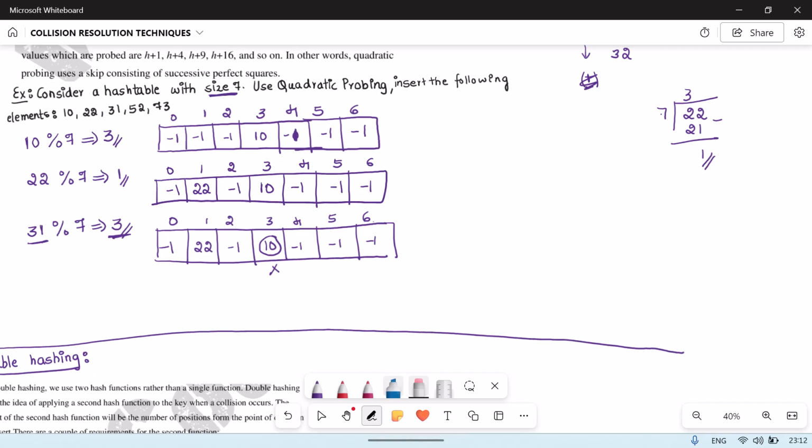So, what to do? I told you that we have to square the hash function.